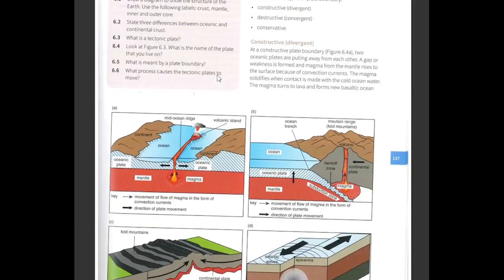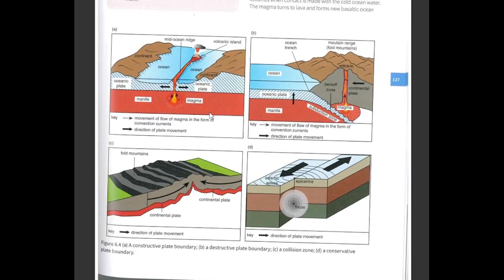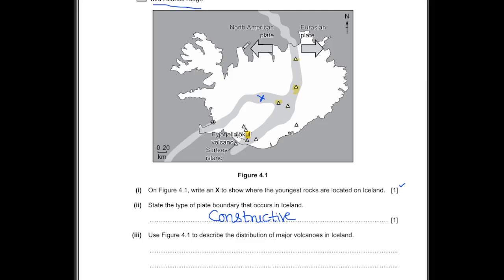See, plate movement, destructive, collision; constructive is the D part. D is a constructive plate boundary, among A, B, C and D. The plates move in opposite directions, and here also you can see it is in the opposite direction.